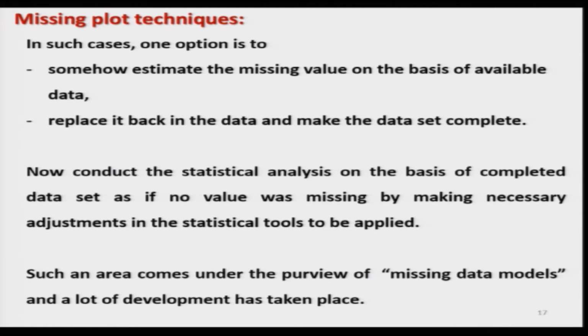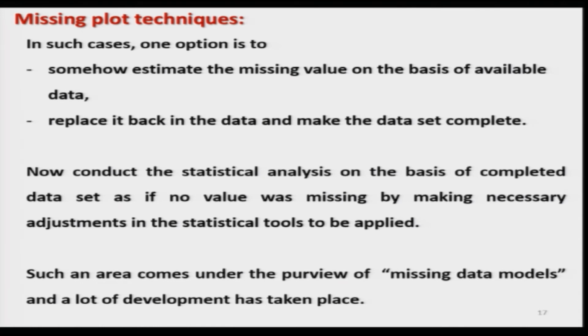In such a situation, one option is that you simply ignore the entire experiment and conduct it again, but definitely that is not a very viable option, because that will result in a loss of cost, time, labor, etc.